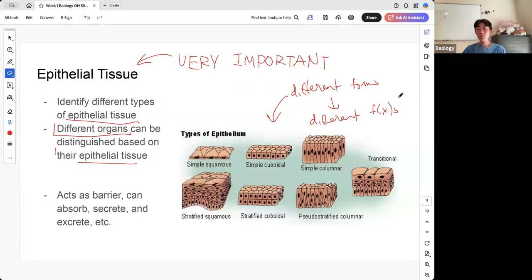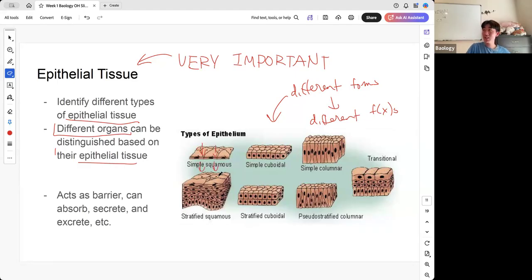For example, simple columnar is generally found in the intestine, and it's good because it helps you absorb things. Transitional epithelium is found in the bladder, and it's blobby and helps stretch, which is good because your bladder needs to stretch so it can hold urine. Simple squamous is thin, and because it's thin, things can go through easily.